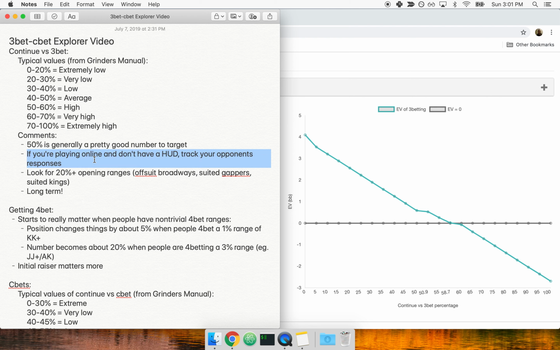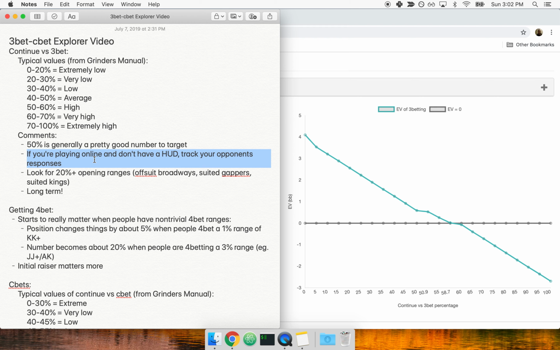Another is that if you're playing online and you don't have a HUD, like for me, I play in Nevada at World Series of Poker, and they don't allow you to have a HUD. But what they do allow you to do is to have notes on your opponents. So I think it's really important to keep track of what your opponents are doing versus your 3-bets.